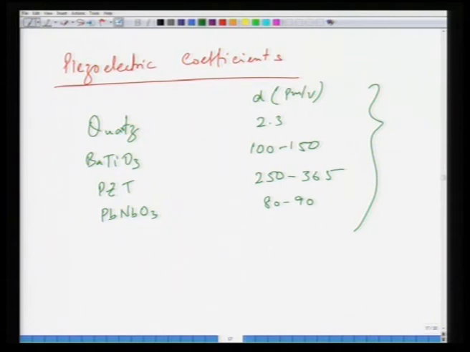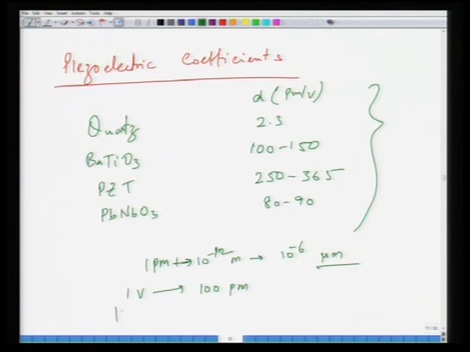Now, what this means: 1 picometer is 10 to the minus 12 meter, which is 10 to the minus 6 microns. So, when you apply just 1 volt, you have a displacement of the order of, let us say, 100 picometer.